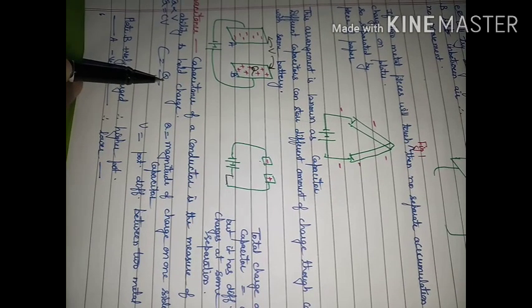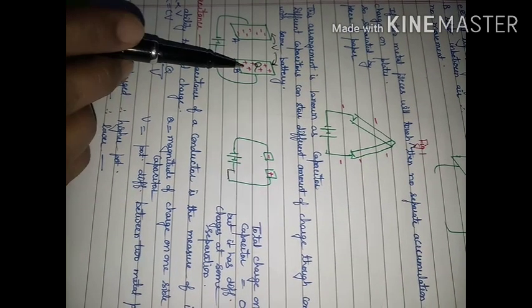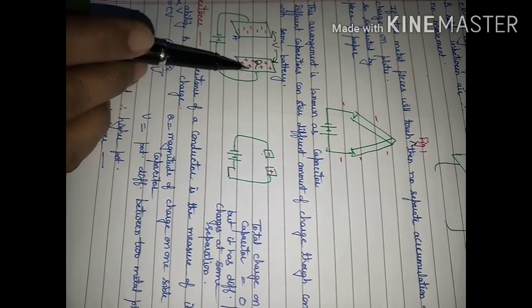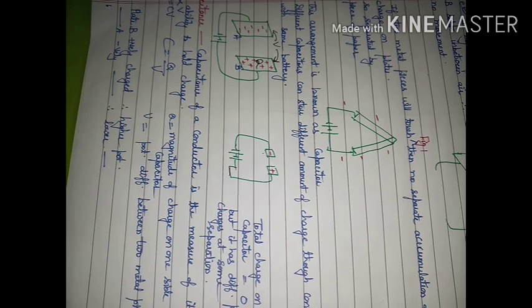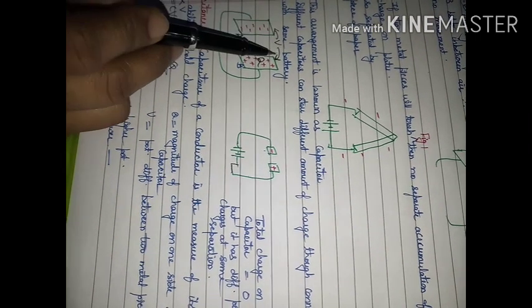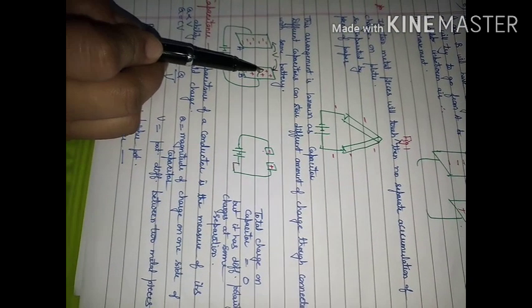What is this Q? Q is not the total charge present on the capacitor. Q is the magnitude of charge that is present on one plate of the capacitor, or one side of the capacitor. Magnitude we have to consider. And what is V representing? V is the potential difference between the two plates.